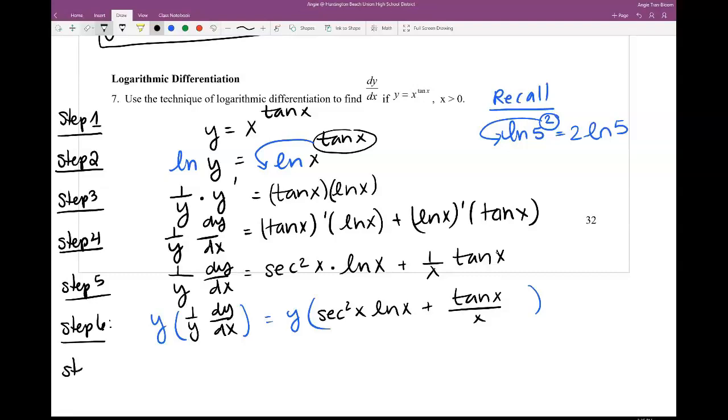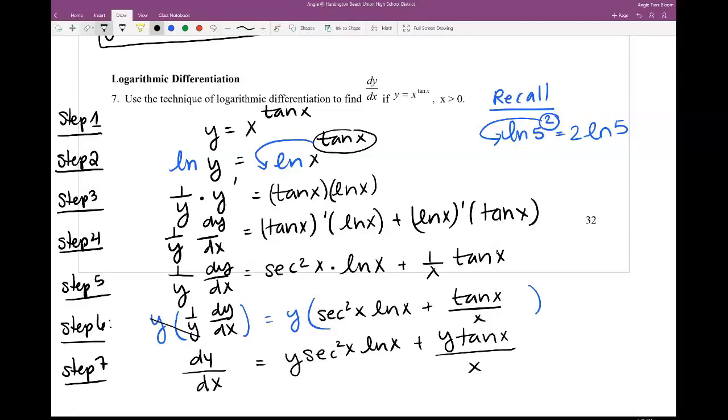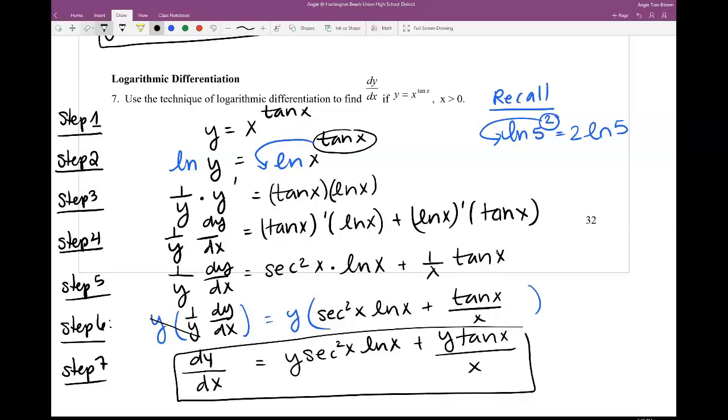That's it. Step 7. This is now canceling, so here is my final answer. I can distribute the y, so this maintains in the front. So y secant squared of x times ln of x plus y tangent of x divided by x. And that is my answer to example 7.